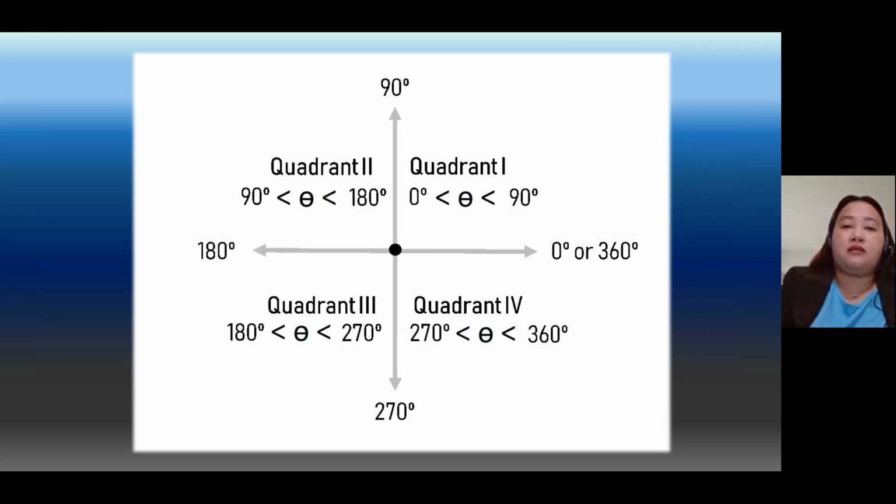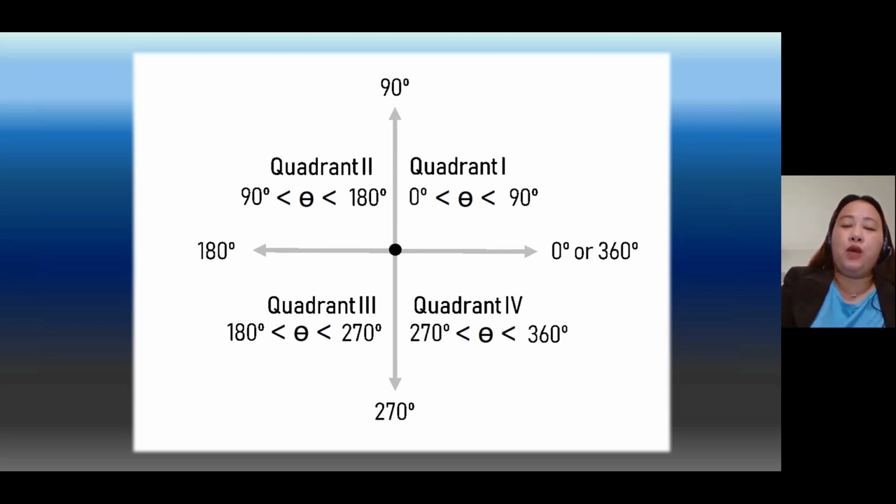Also, we have the quadrants. This is also a review for you. We have four quadrants. On the upper right, we have quadrant 1, in which the measurement of the angle is between 0 degrees and 90 degrees. On the upper left, the measurement is between 90 degrees and 180 degrees.